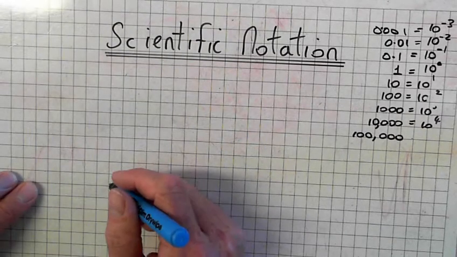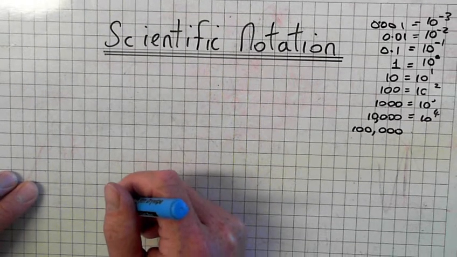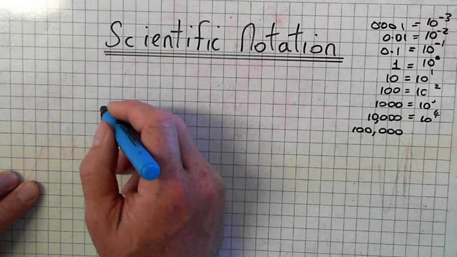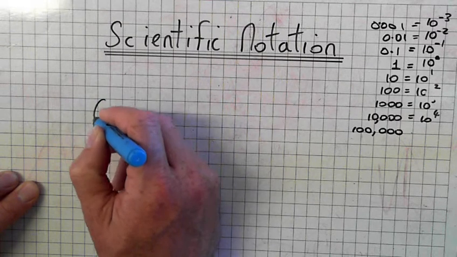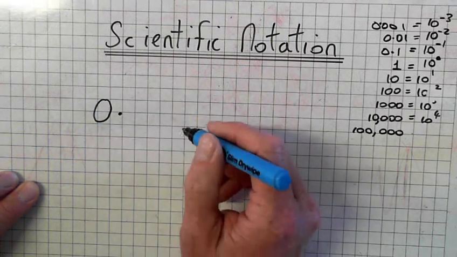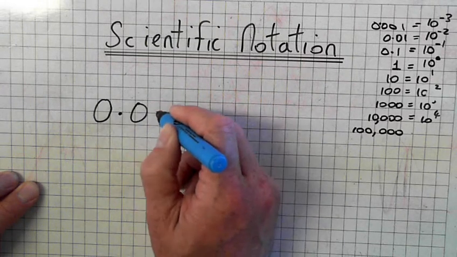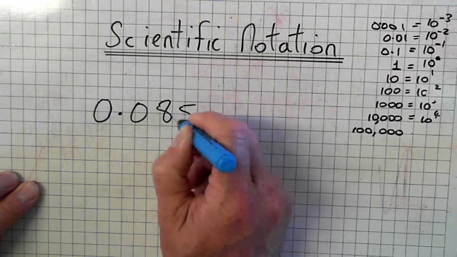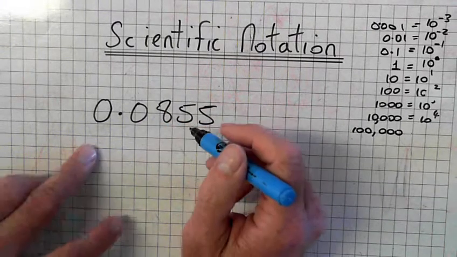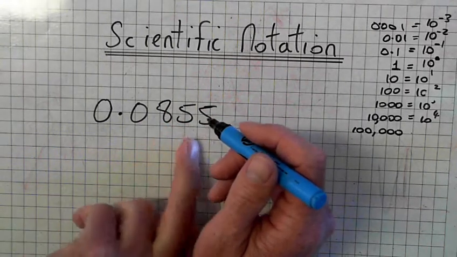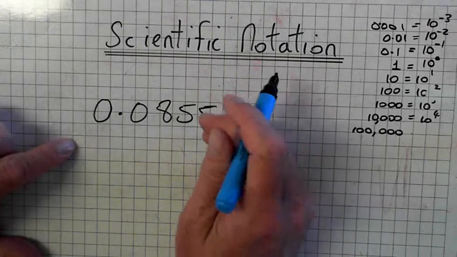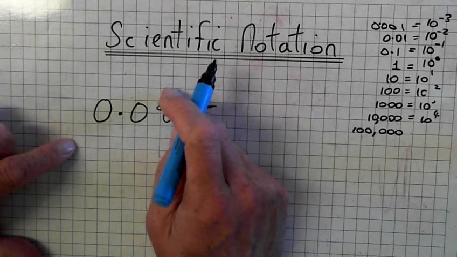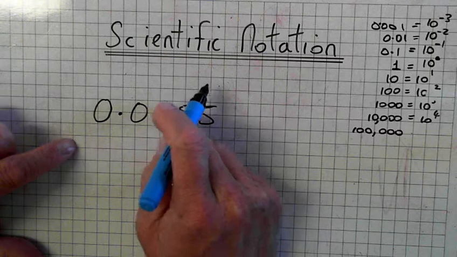Make up another decimal. 0.700. Or 0.0855. Alright. What I'll do is I'll put a 0 there.